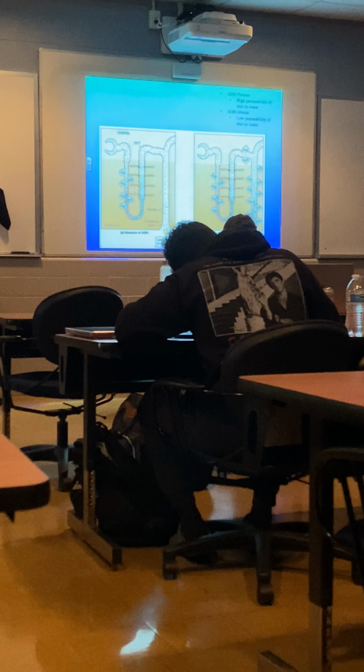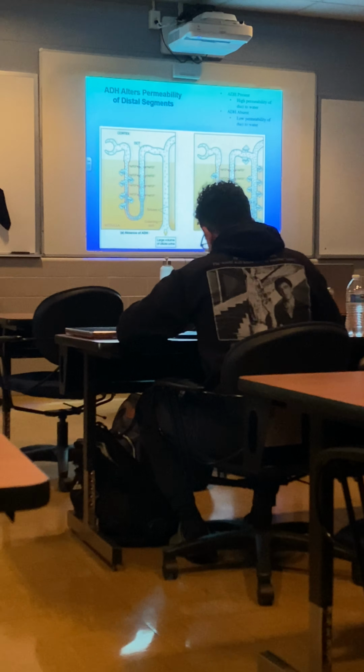All right, let's have a look and see exactly how this antidiuretic hormone works. I mentioned before that the antidiuretic hormone principally operates on the distal segments of the nephron. That's where a lot of fluid resorption will occur, and that's going to refine and change the concentration of urine, ultimately determining the concentration of the urine.